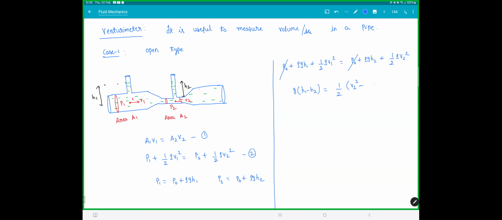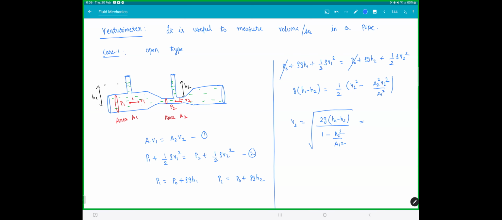V1 square is nothing but A2 square V2 square by A1 square. So from here we can get V2 is equal to the root of 2g (H1 minus H2) by (1 minus A2 square by A1 square).